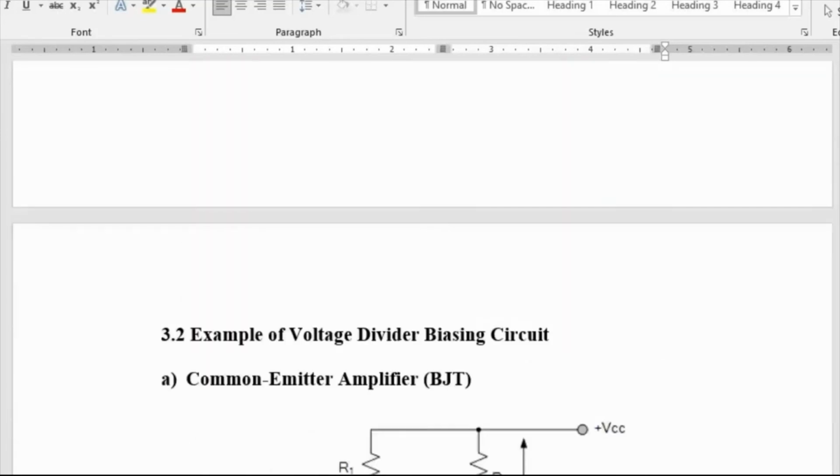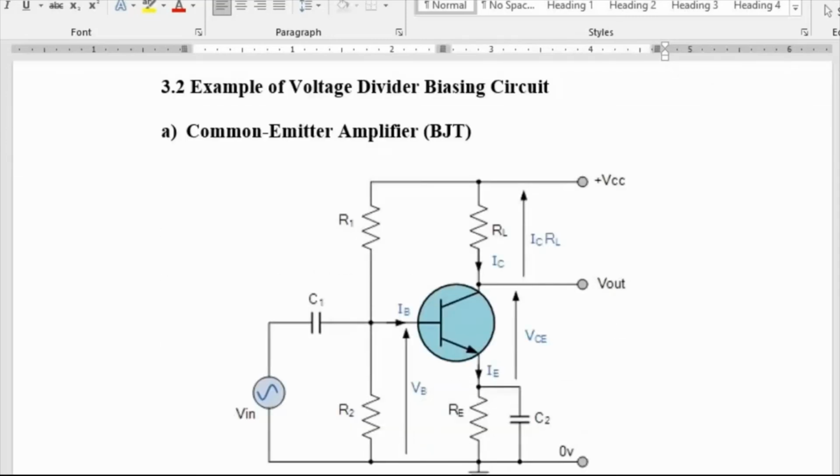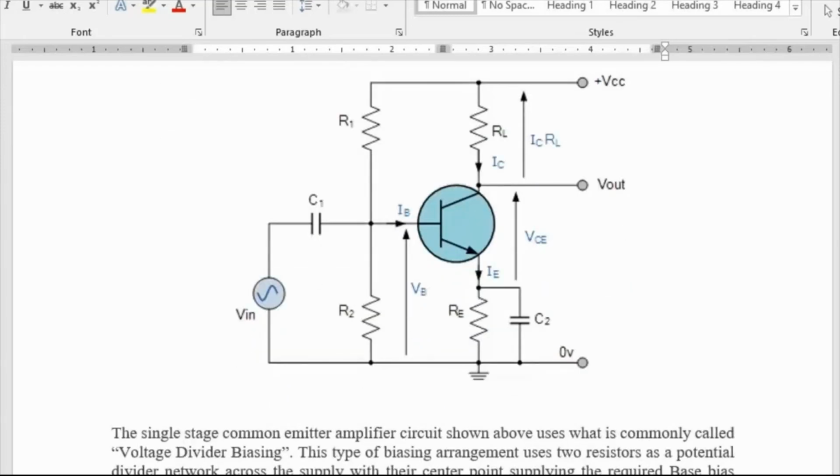Okay, next is example of voltage divider biasing circuit. First is common emitter amplifier, which is BJT. Okay, this is the circuit for common emitter amplifier. The single stage common emitter amplifier circuit shown above uses what is commonly called voltage divider biasing.